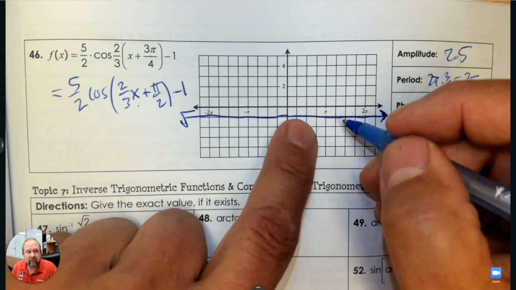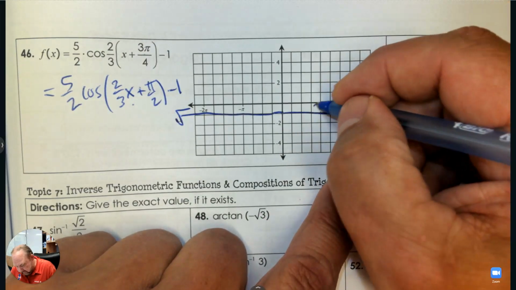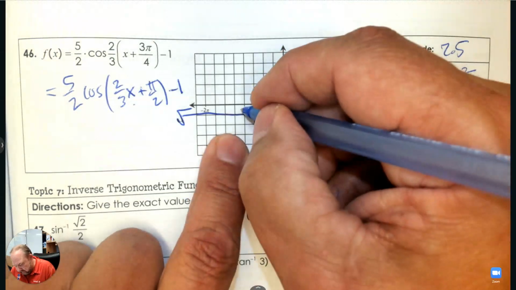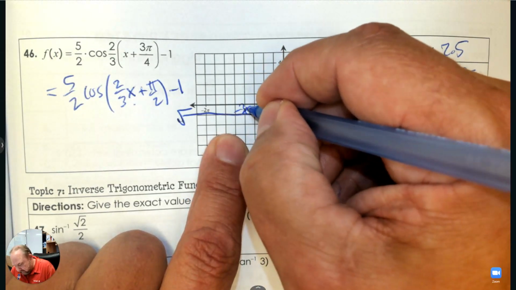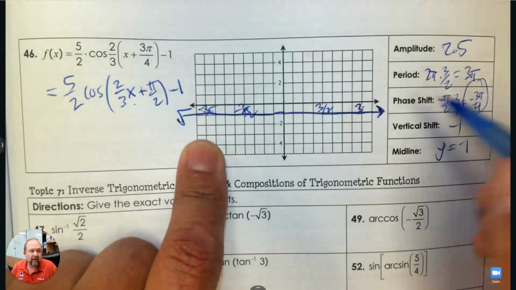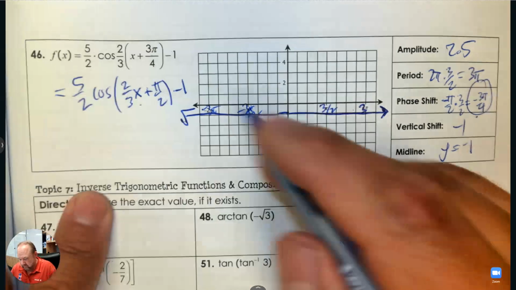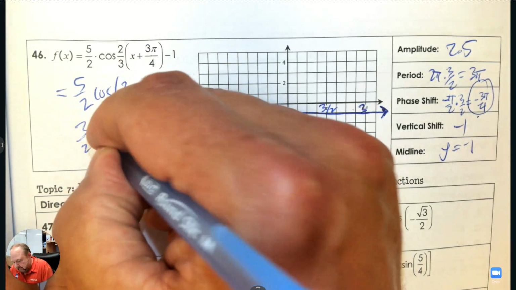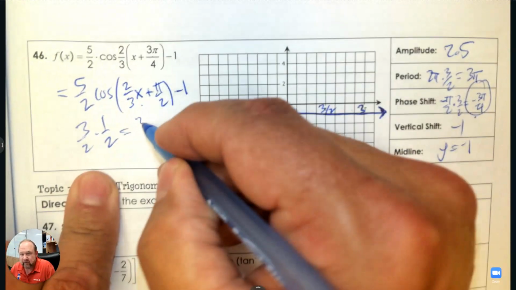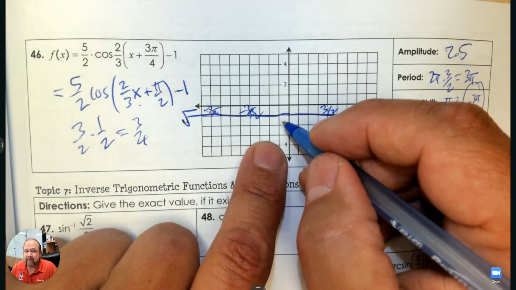The phase shift. Well, let's change the scale. So 3 pi. Half of 3 pi is 3 pi divided by 2. So negative 3 pi divided by 2, and then negative 3 pi. To know where negative 3 pi over 4 is, half of 3 halves is, if I went 3 halves times a half, you get 3 over 4. So negative 3 pi over 4 is halfway.